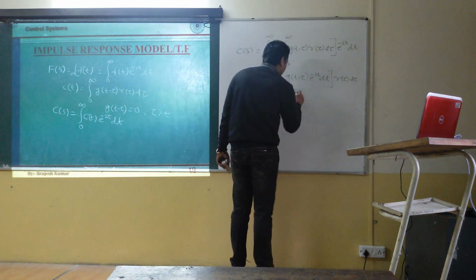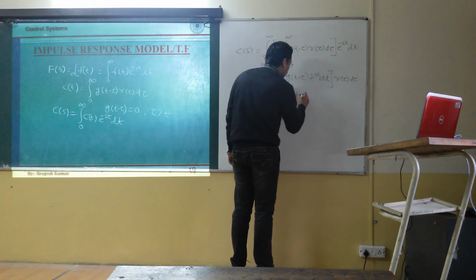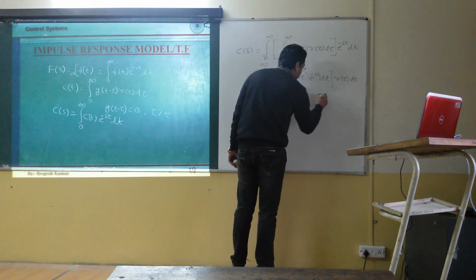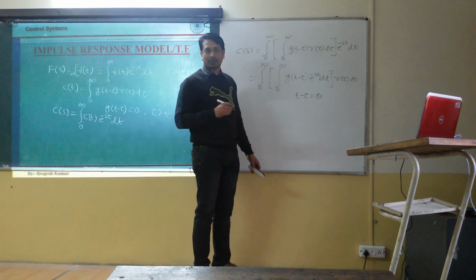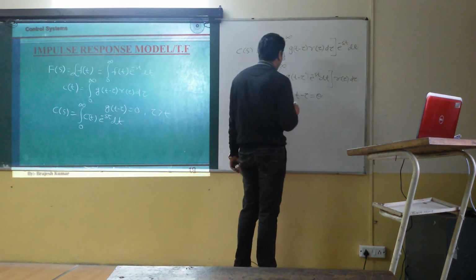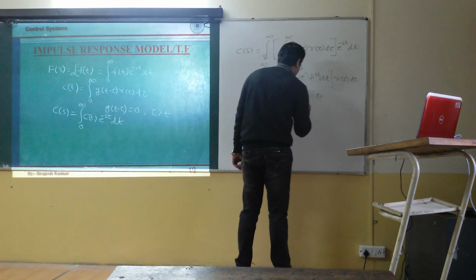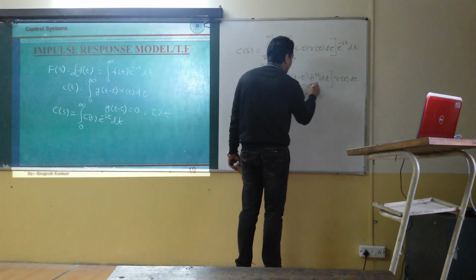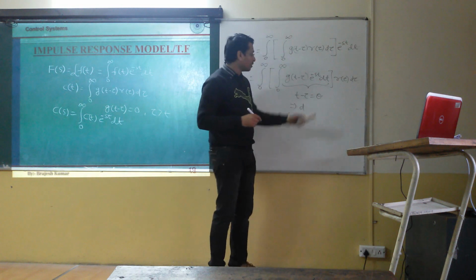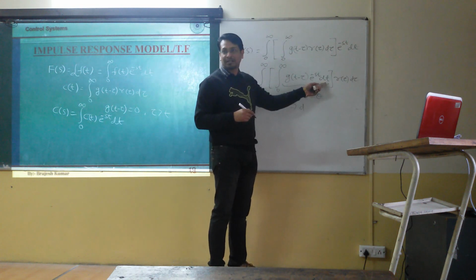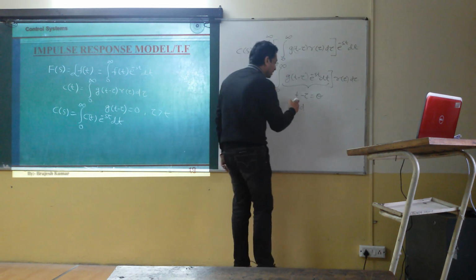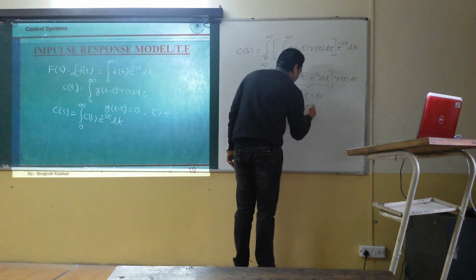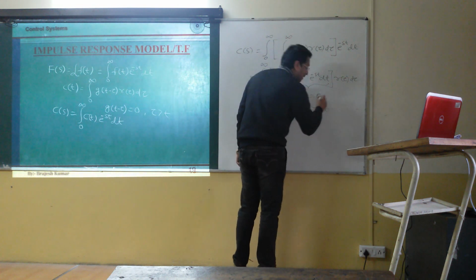Now I am going to put this t minus tau as theta. So what will be the change? For this particular internal integration, tau is a constant because here the variation is in terms of t. If you take the differential, you will get dt equal to d theta.